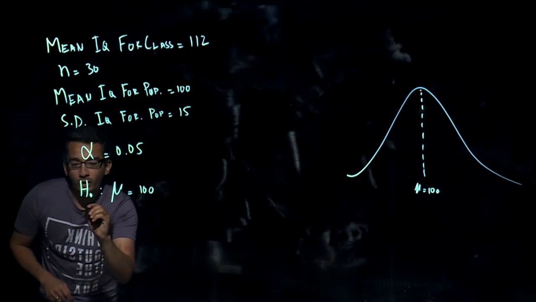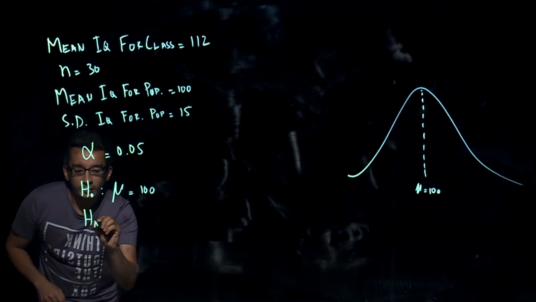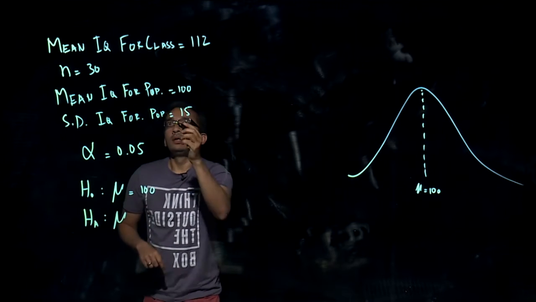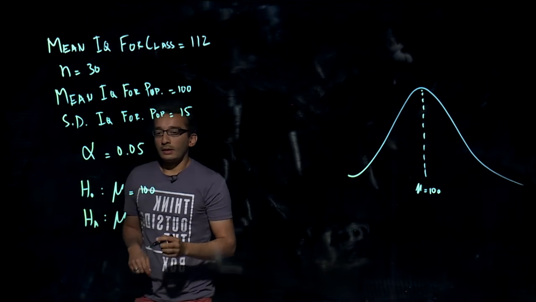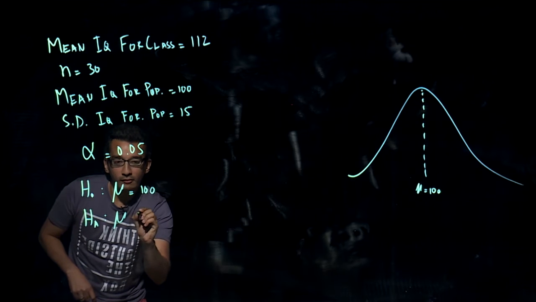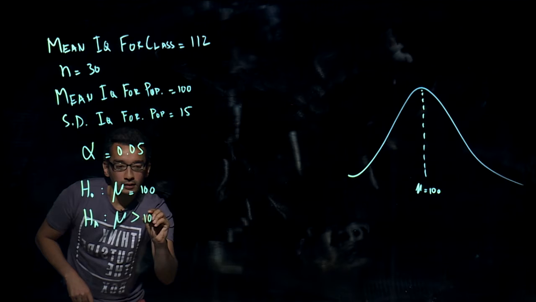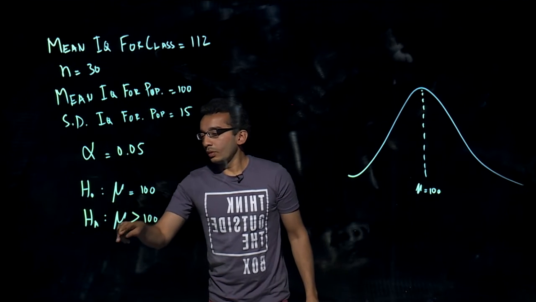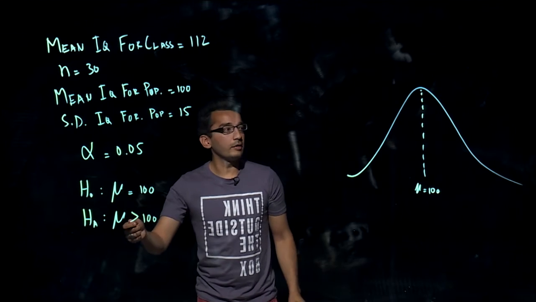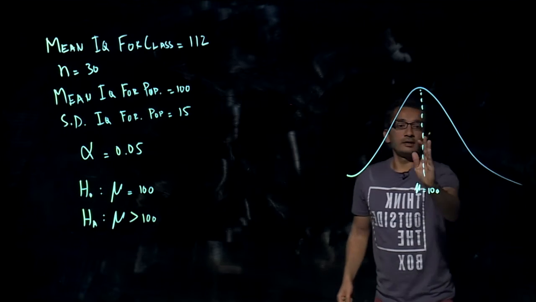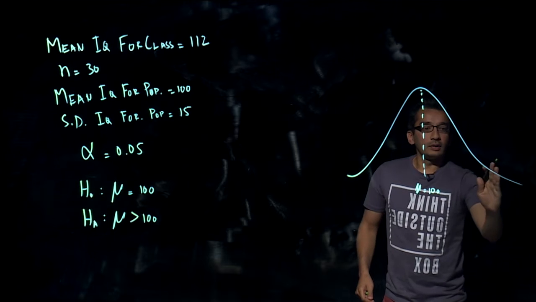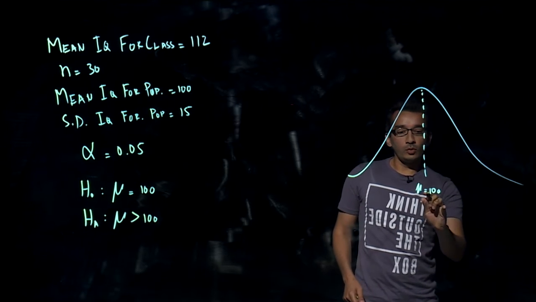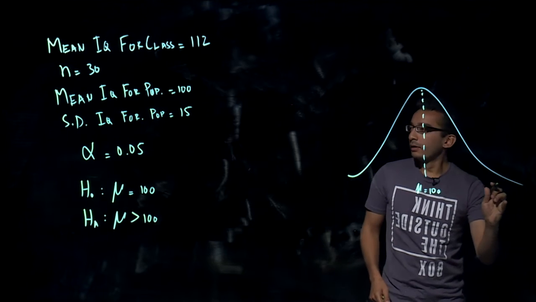The alternative hypothesis in this case would be this claim made by the teacher that the mean IQ in his classroom is actually 112, which is greater than 100. Since this alternative hypothesis is that mu, or population mean, is greater than 100, we are only actually interested in this right hand side of the distribution, because this is the side of the distribution where mu is actually greater than 100.